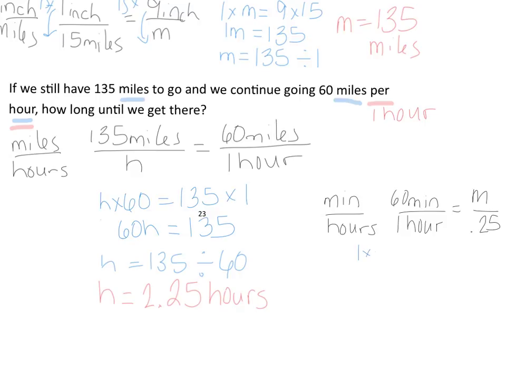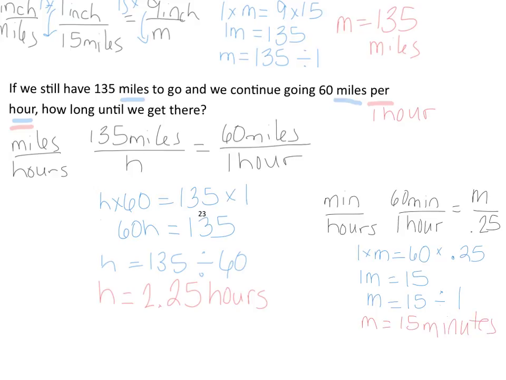So 1 times m, 60 times 0.25. 1m is equal to 15. We divide 15 divided by 1 to find out that m would equal 15 minutes.